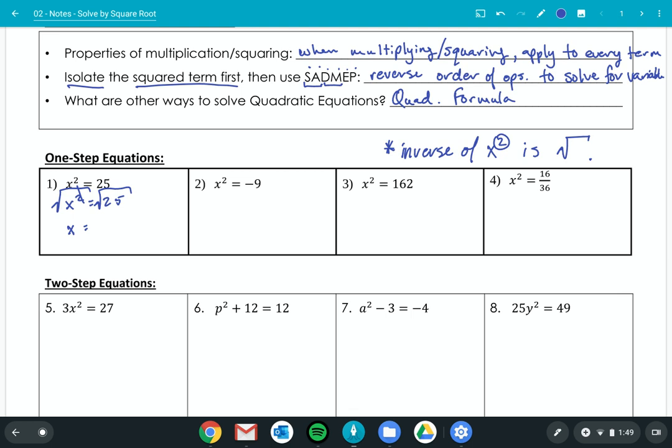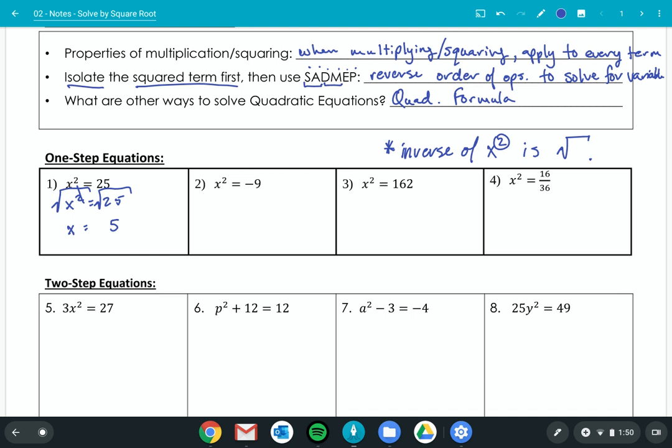The number 25 you get by multiplying positive 5 and positive 5, which is why a lot of us say the square root of 25 is 5. But if I multiplied negative 5 times negative 5, that would also give me 25. So we can say positive 5 and negative 5 are both answers.